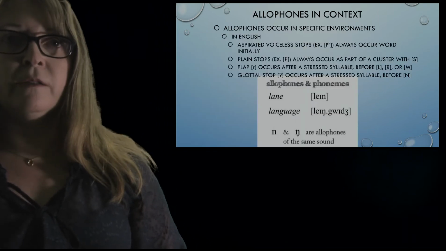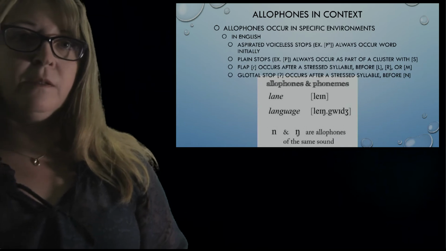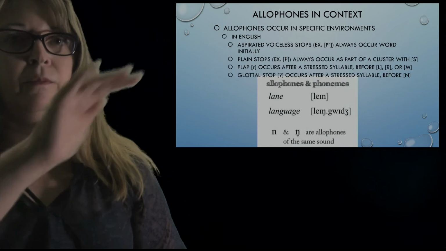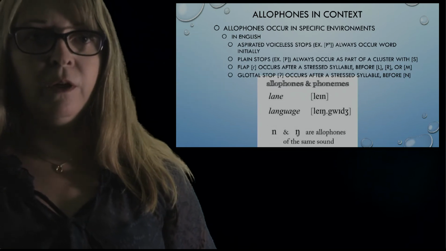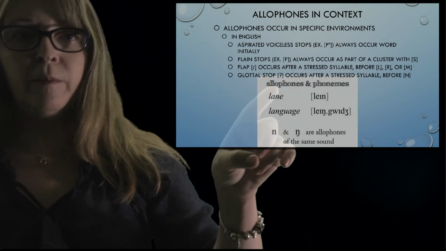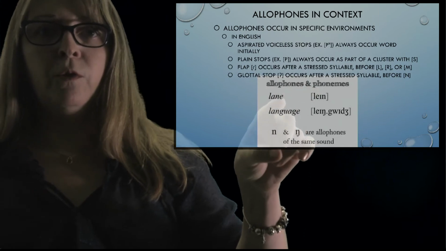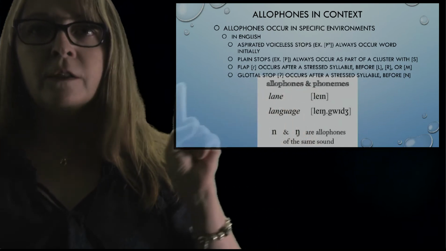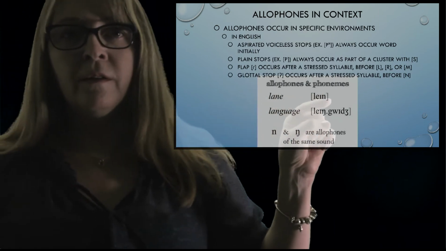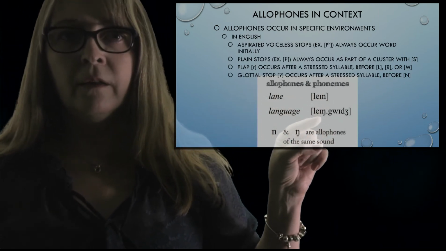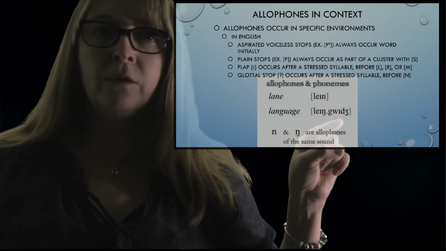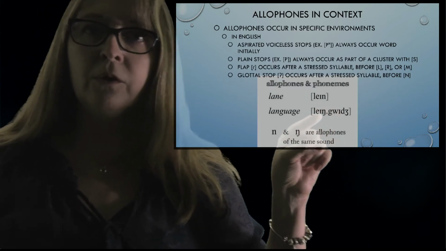Allophones in context, they occur in specific environments. So here we're talking about in English. There's a whole list here, okay? So we have, for example, an allophone would be lane and language. The difference here is n and ng, because the n goes into a little bit of the language.